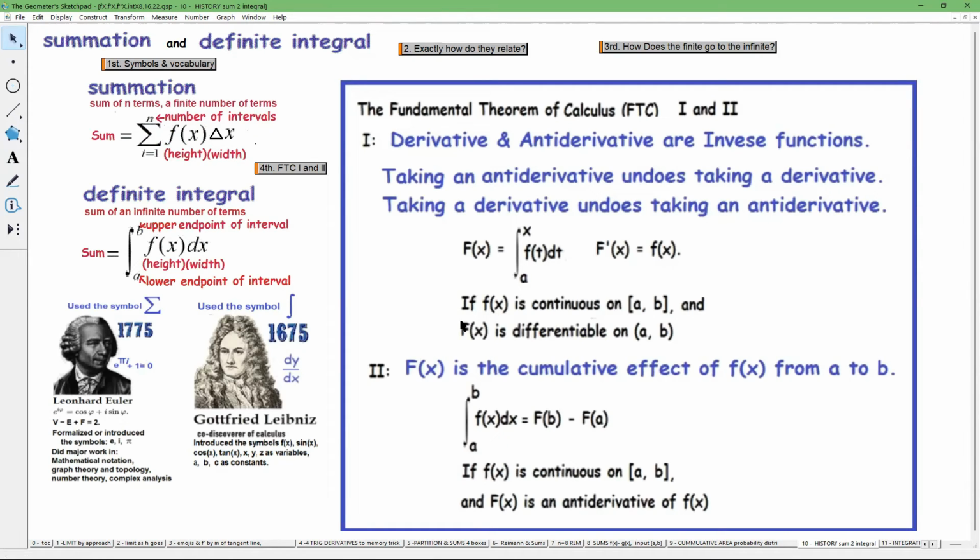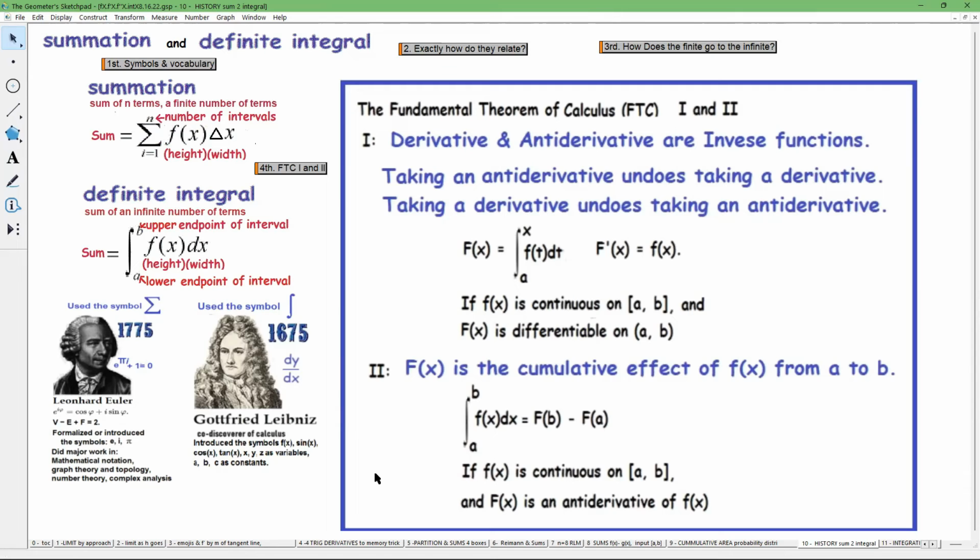We're going to look at taking an antiderivative undoing taking a derivative. So if you started with a derivative, you could get an antiderivative. Capital F of x, the function whose derivative you had taken and were given, is the cumulative effect of f of x from a to b.